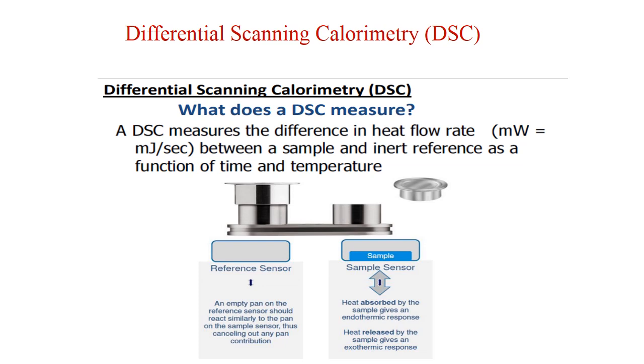There are two types of DSC we can do: one having the same heating coil, and the second having a different heating coil for each of the pens. The difference in the amount of heat required to increase the temperature of a sample and a reference is measured as a function of temperature. In both cases, sample and reference are maintained at nearly the same temperature.